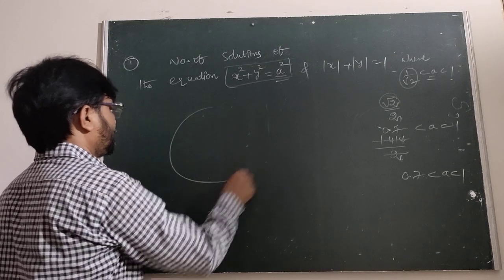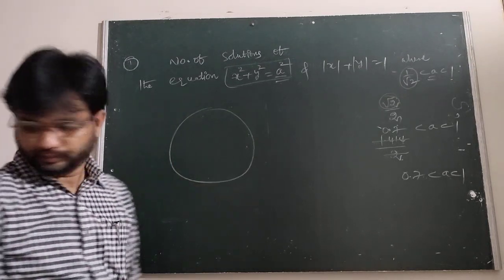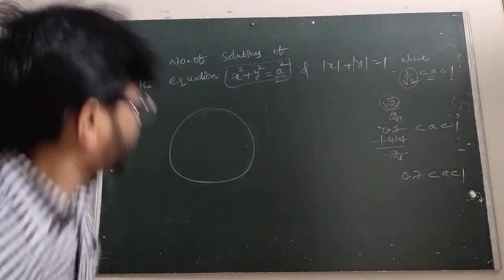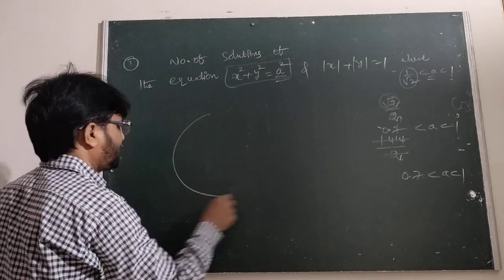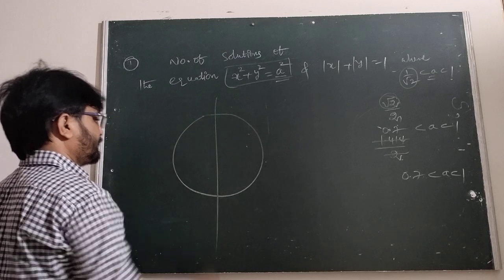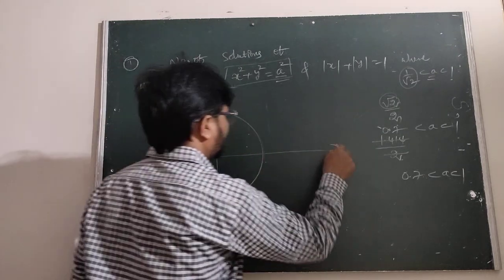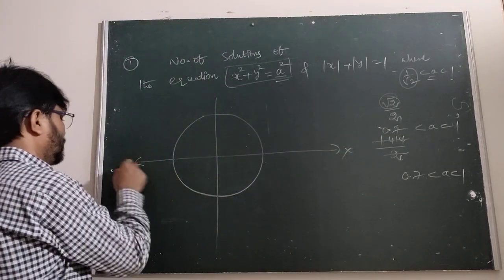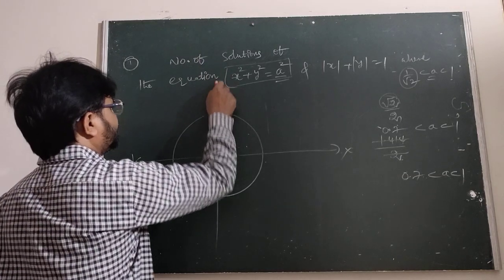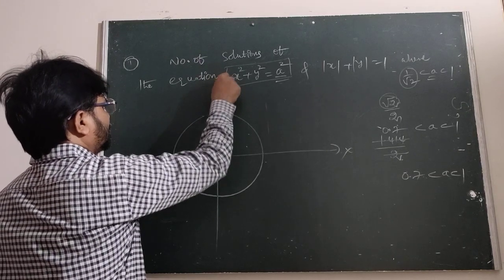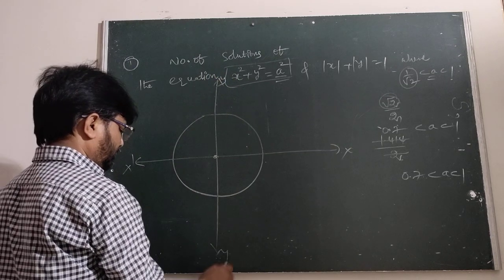Therefore, now this is the equation of the circle. The horizontal line is the x-axis, and this is the y-axis.